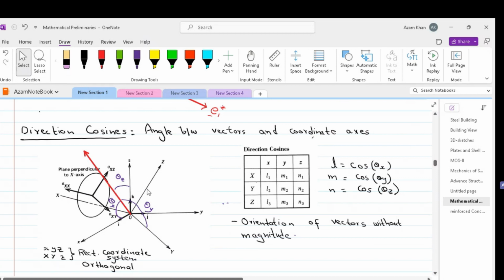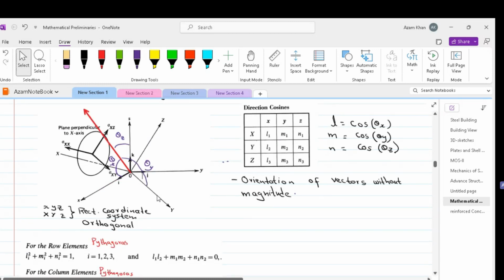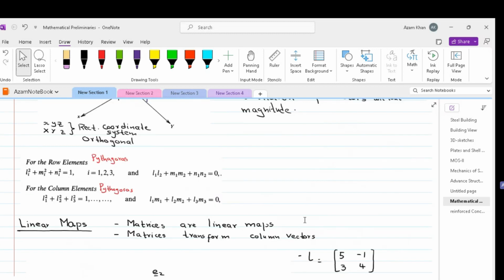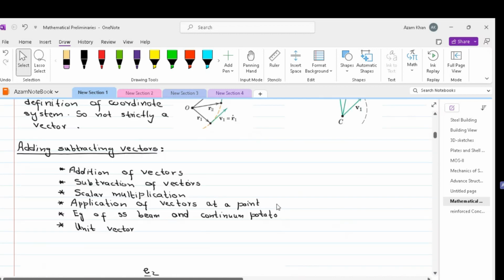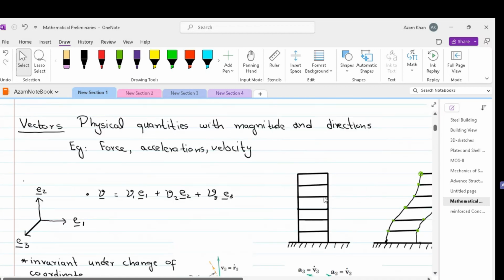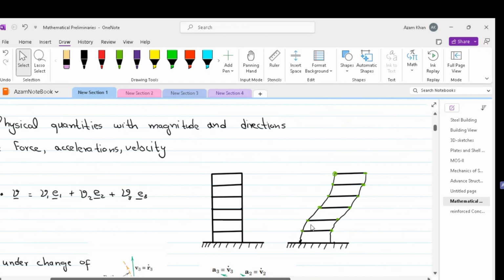It must be appreciated that we can use direction cosines when the axes are orthogonal. In structural mechanics, we encounter different sets of coordinates, especially if we are considering a structure before application of the load and a structure after application of the load.